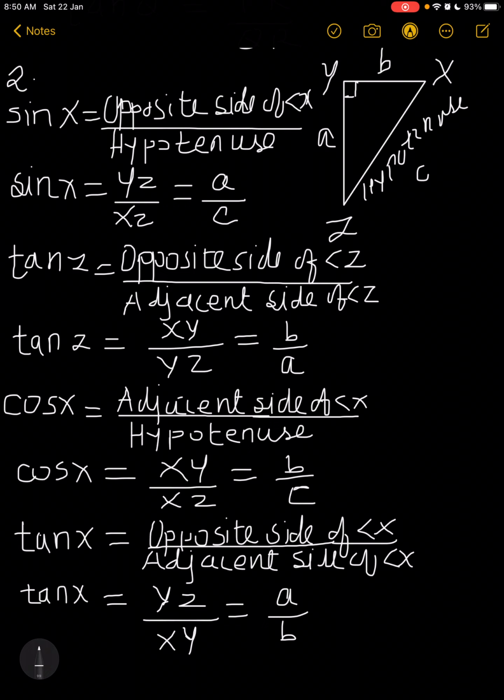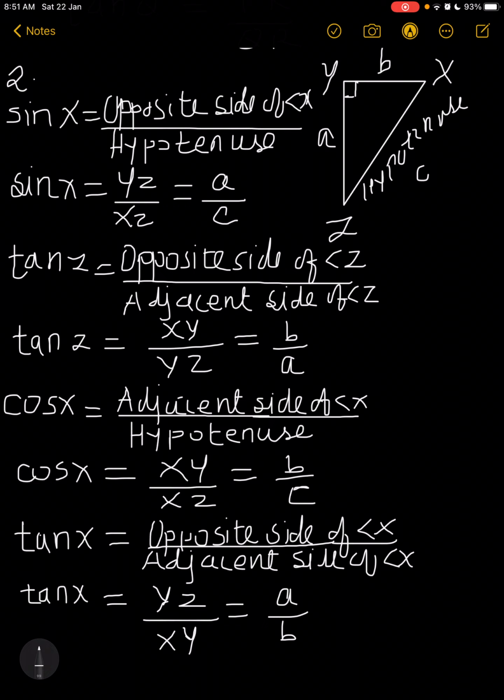I told you yesterday, there are a total of 6 ratios. But this year in 9th class we will study only 3 ratios: sine, cos, tan. 3 more ratios are there. I will share that knowledge as we move further. But we don't have to study examples of those 3 ratios. The 3 remaining ratios you will study next year in trigonometry.